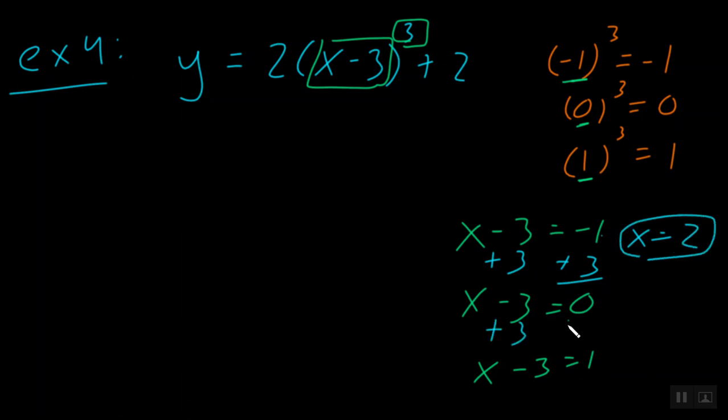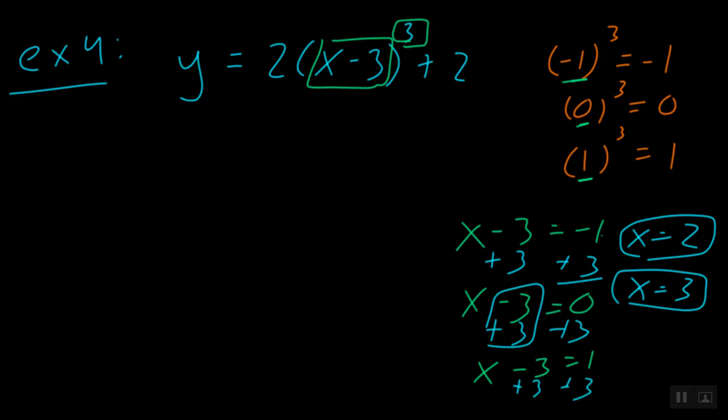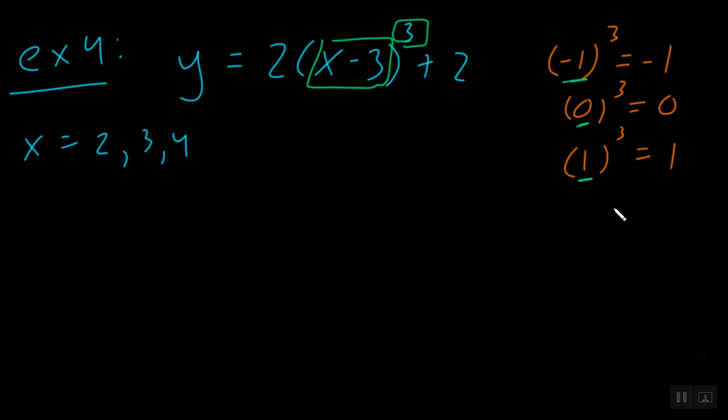I add 3 to both sides, and 0 plus 3, well, x is equal to 3. And here I add 3 to both sides, and 1 plus 3, well, x is equal to 4. So if we choose those 3 x values, if we evaluate this where x equals 2, 3, and 4, we should get some fairly simple numbers. And so let's go ahead and try this out.